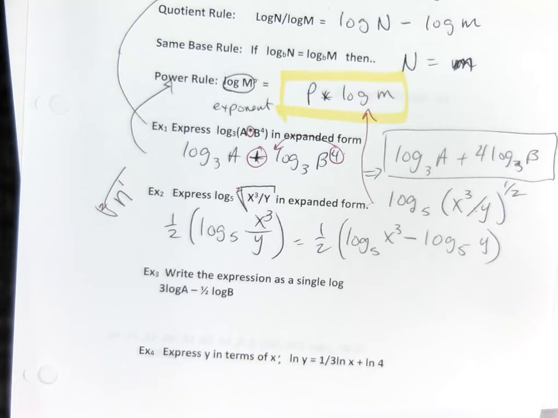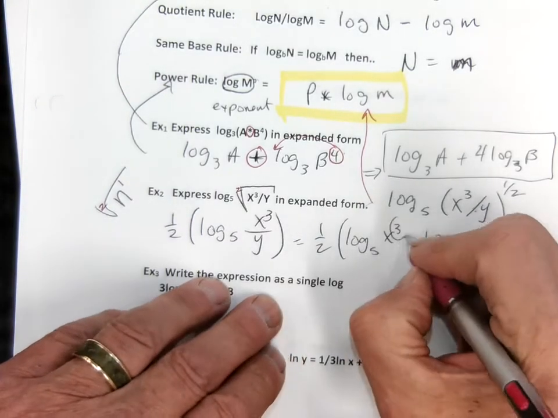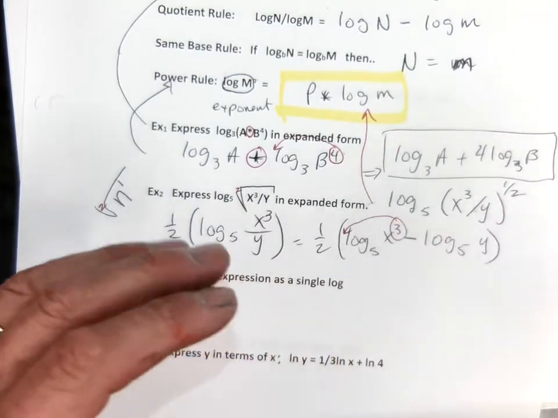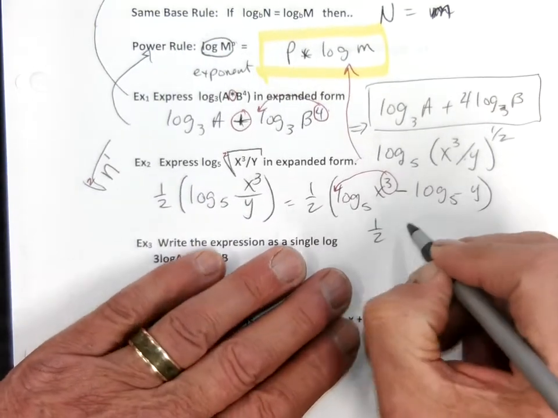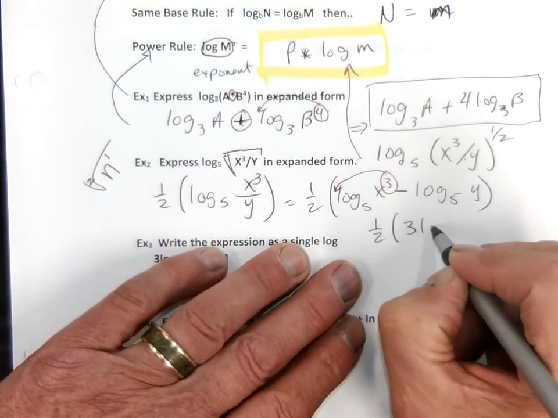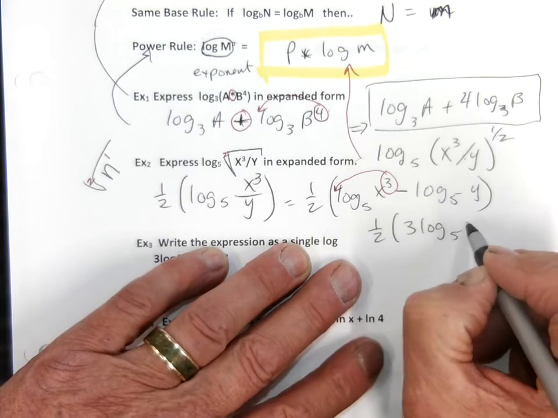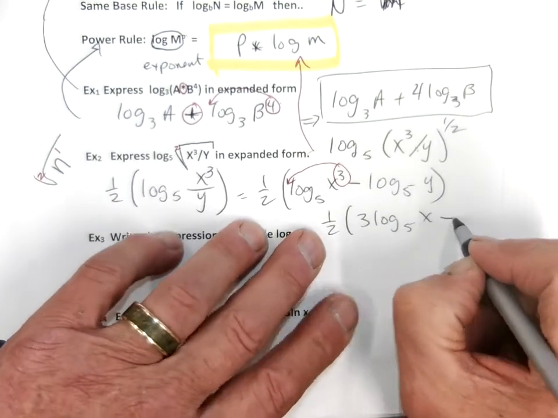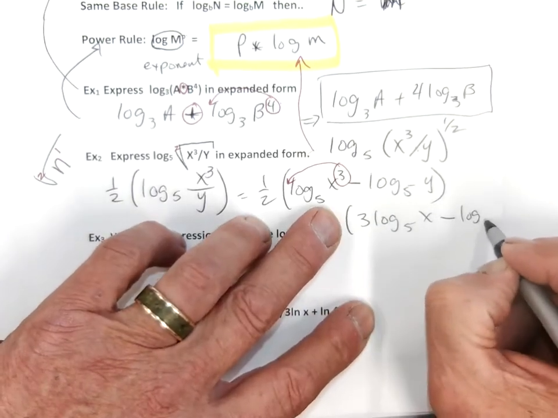Yeah, so then I'm going to float this x to the 3rd right there. And then I'll have it. Okay, so let me erase this mess. So then I'm going to float the 3 down right to there, and I'll have an answer of a 1/2 times a 3 log base 5 of x minus a log base 5 of y.